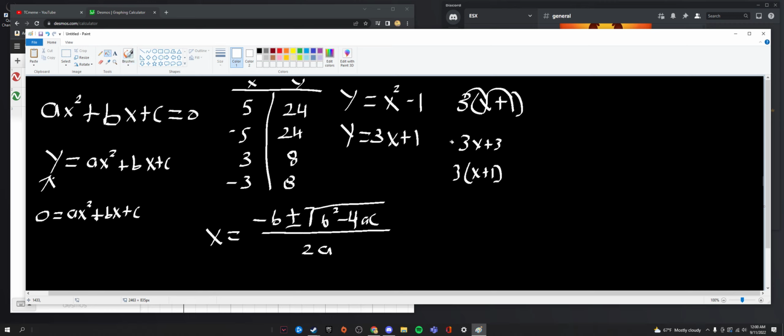Now, with quadratics, it gets a little trickier. Because we have the x squared term, we know it's going to have to be more than 1x. Certain quadratics will have a coefficient in front of x, but for the ones I'm dealing with, you're always going to need two x's to get your x squared term.